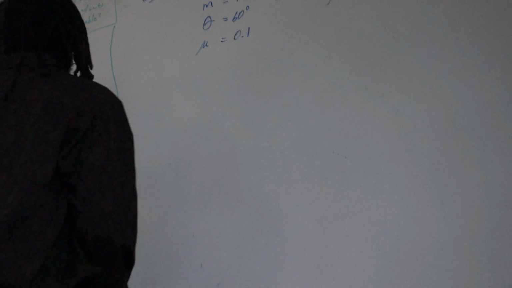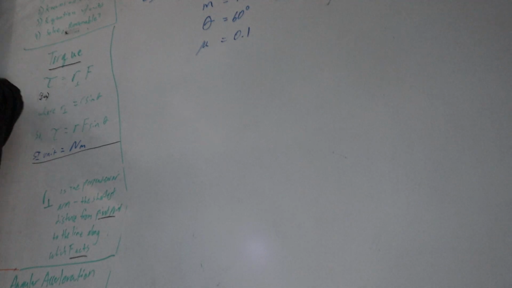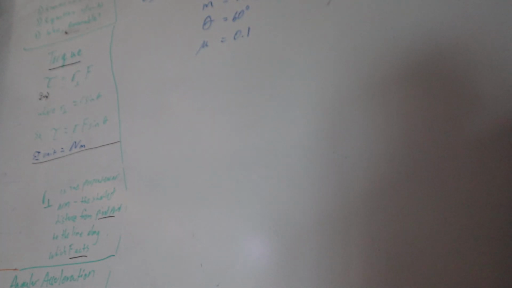Alright. So to the left of the angles. Alright. So chapter 7, we got work. F D cosine theta.